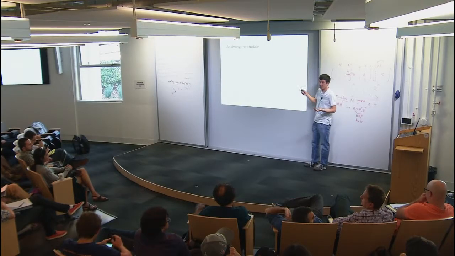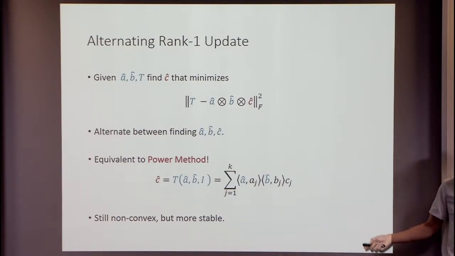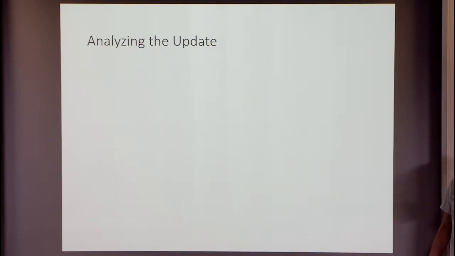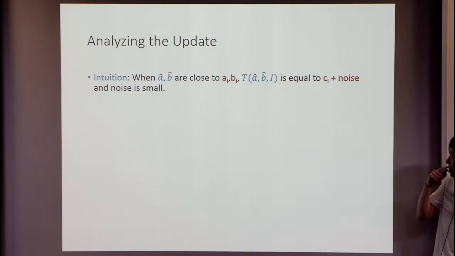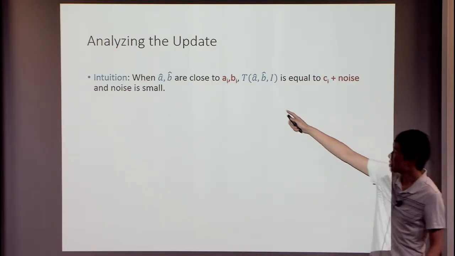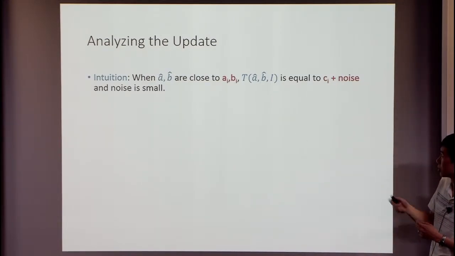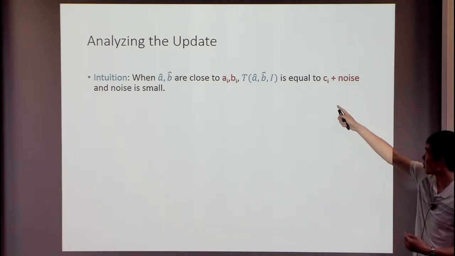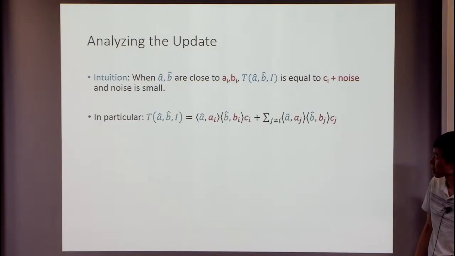So all these conditions lead to the result. So how can we hope to analyze this power method iteration in the non-orthogonal case? Well, the intuition is hopefully when these vectors A hat and B hat are close to one of the components, Ai and Bi, then this tensor applied to A hat and B hat is proportional to Ci plus noise, and then we will show the noise is small. And why do we believe that's true?